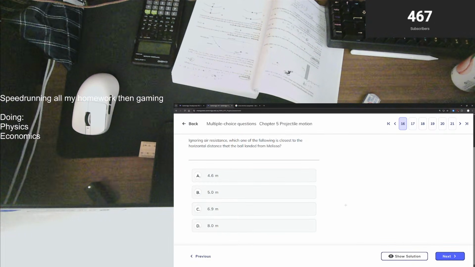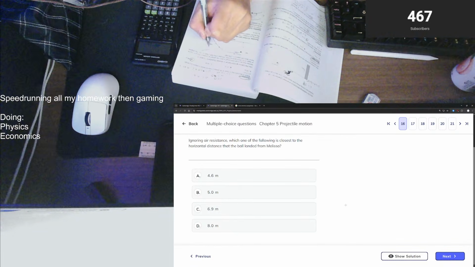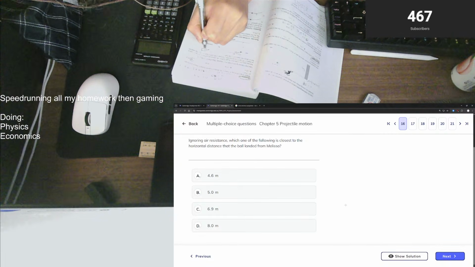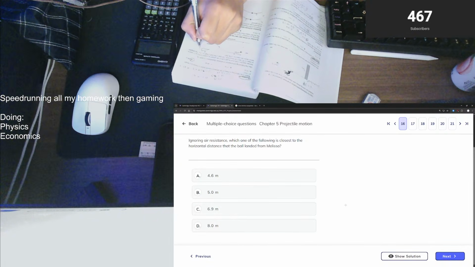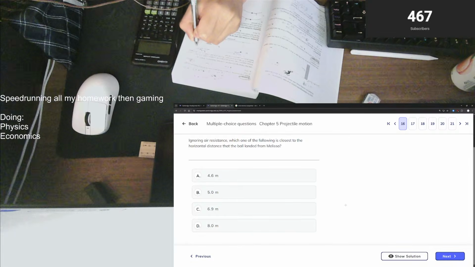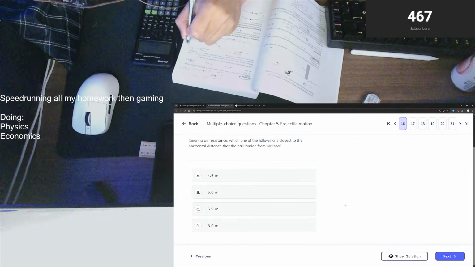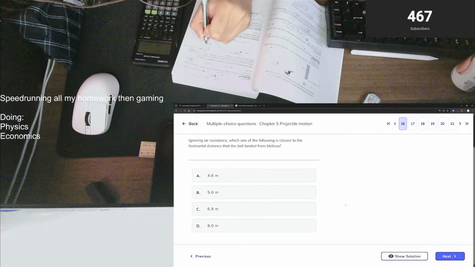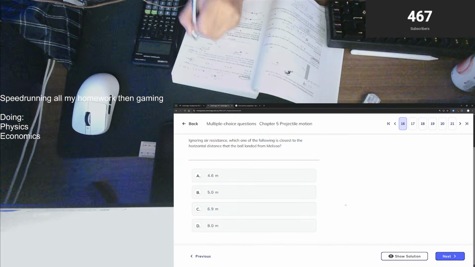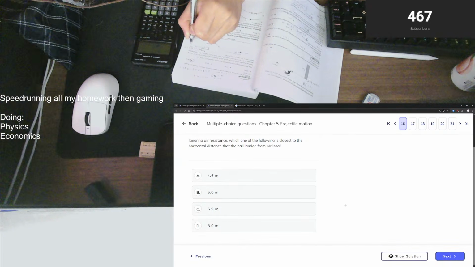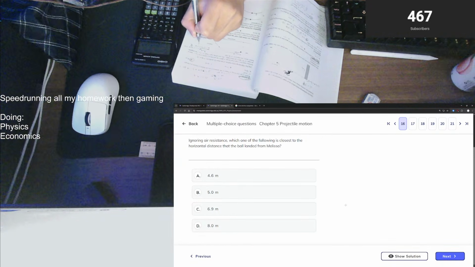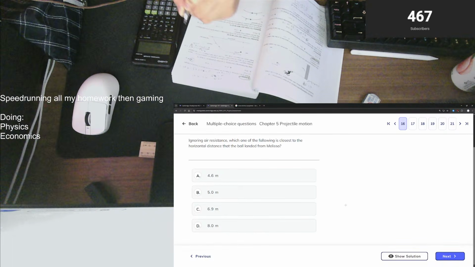Okay, I can break this into components. Eight. Okay. What are you doing? I'm doing physics.